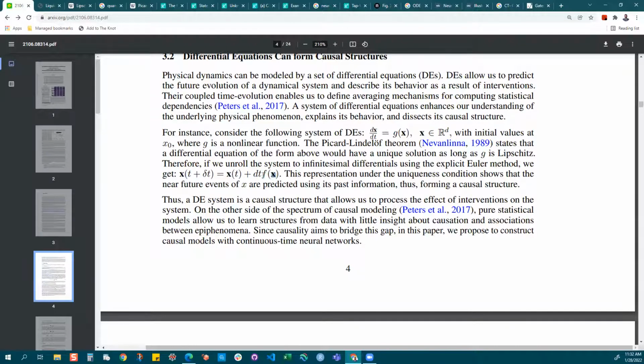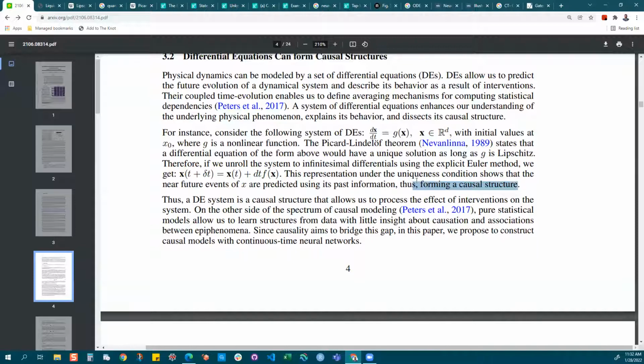They say if we can prove that this representation has only one unique solution for near future events of x, based on the past information, because we have time as a variable here as well, if we can establish that in the near future, or locally, this equation has one unique solution based on the past information or training data, we can say that this is forming a causal structure.